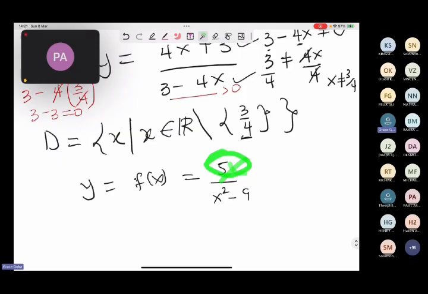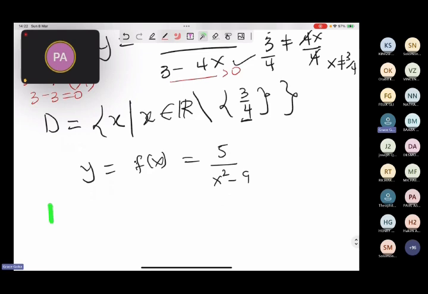Although it is an uninteresting function, it is still a function. So the domain will be all real numbers. I have a quadratic at the bottom. It's also a polynomial, so the assumed domain would have been the set of all real numbers.